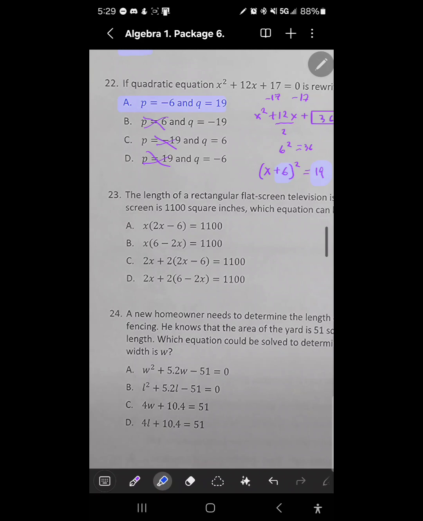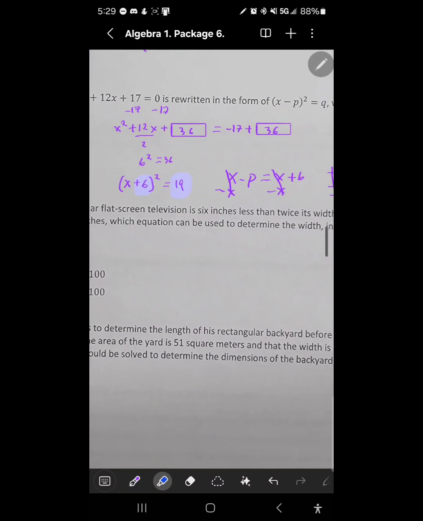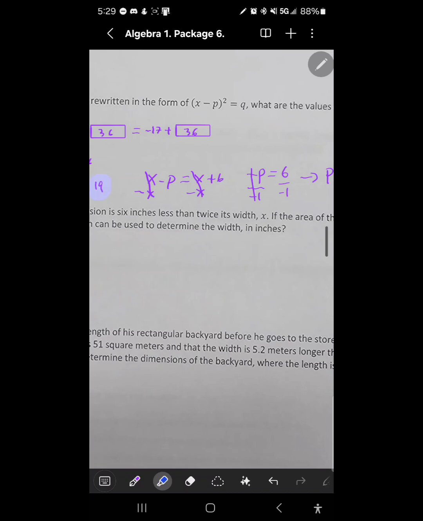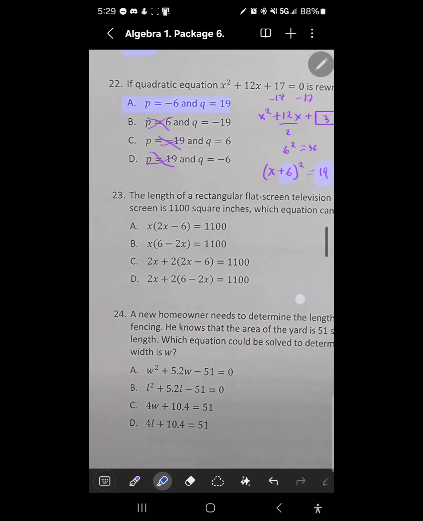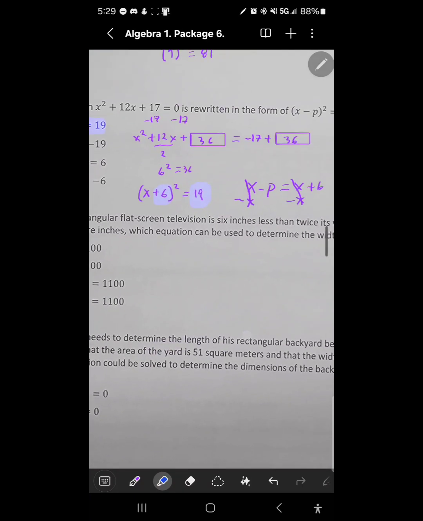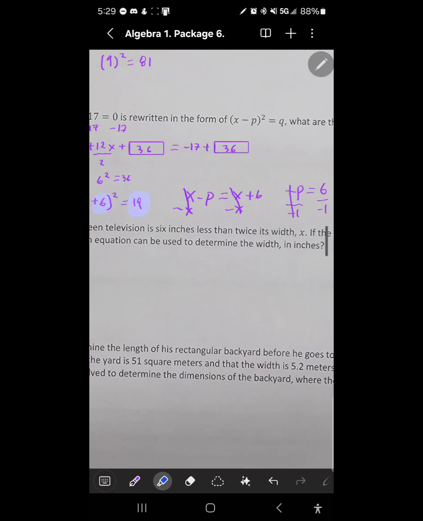Here, the length of a rectangular flat screen television is 6 inches less than twice its width. If the area of the television screen is 1,100 square inches, which equation can be used to determine the width in inches?